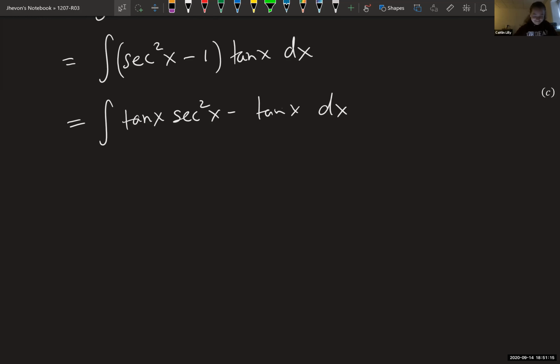Couldn't we do a u substitution? Set u equal to tan x, then du would be secant squared of x. Okay. So where are you applying the substitution? I'd set u equal to tan of x, and du would be secant squared of x.